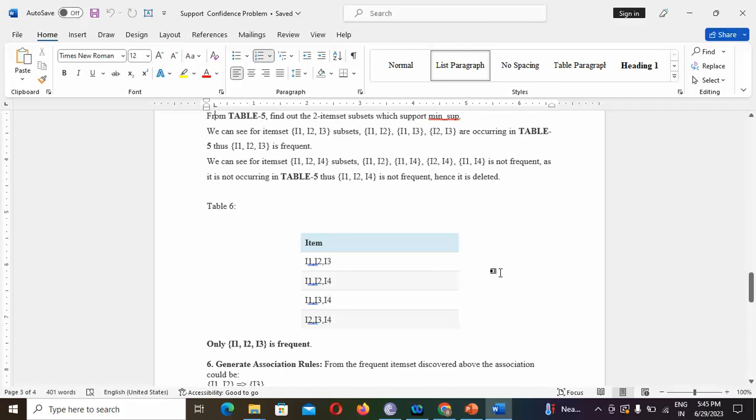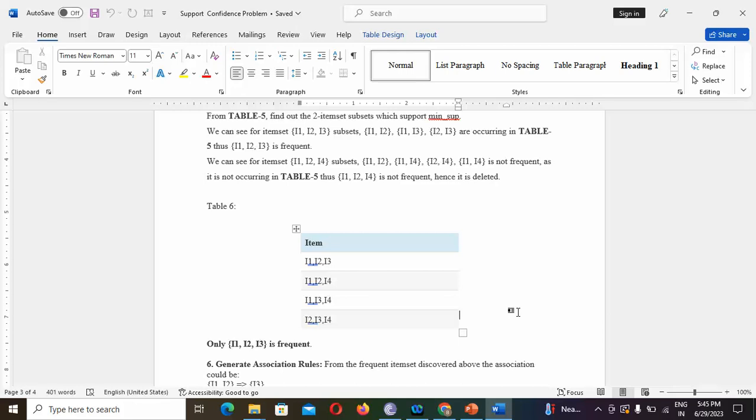So only I1, I3 and like that so on. So the remaining items, that frequent items only we are considering. We are going to find out only 2 item sets. Among that which one is frequent? I1, I2 is frequent when we compare to the minimum support. What is the minimum support value? 3.